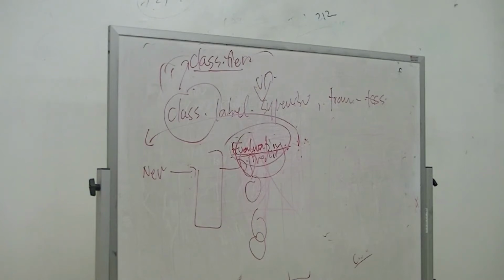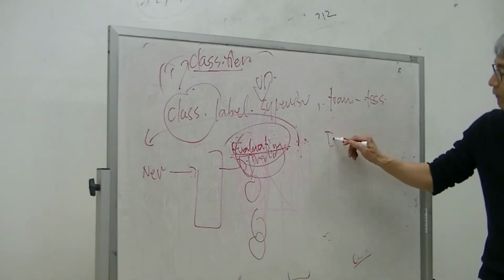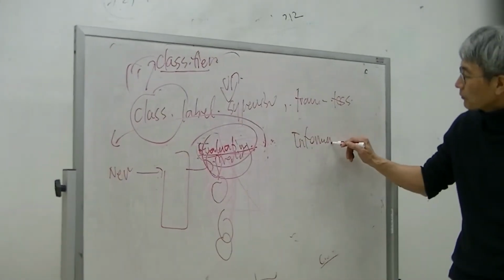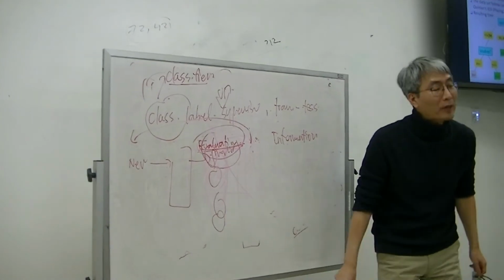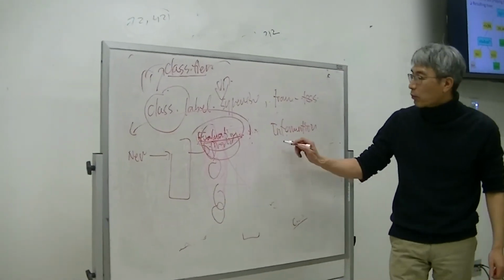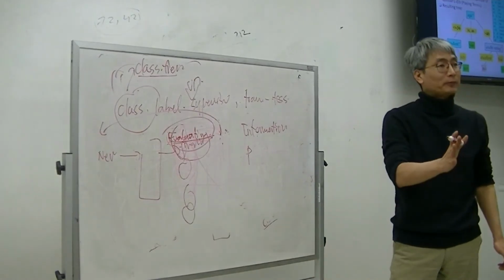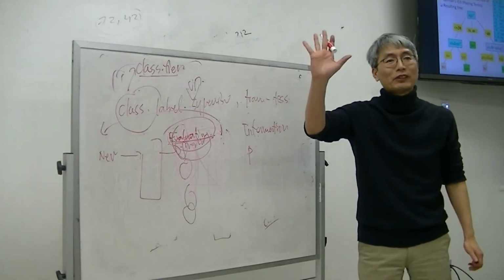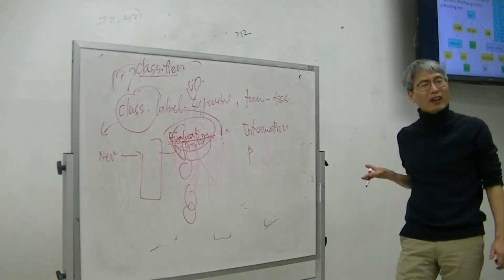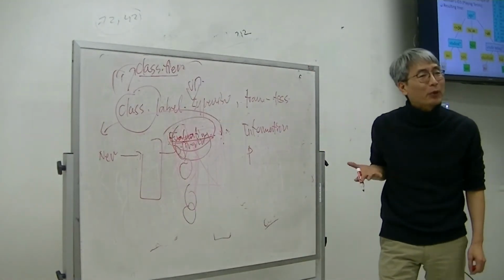If it rarely happens, the information is very important, so the value of the information is very high. To measure such information, we are going to consider probability. If it rarely happens, it is important. If it is normal and happens frequently, it is not important.